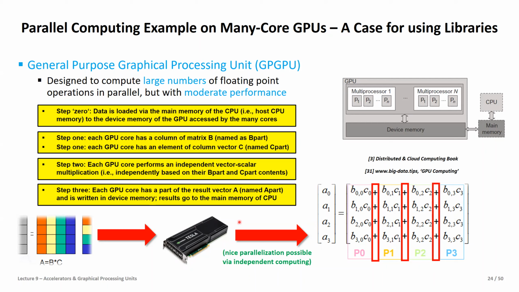When you put that onto a GPU, you see immediately that this nice parallelization is possible. All the elements of this first string can be computed completely in parallel, independently from what is happening in the other processor cores. All you need at the end is probably to sum up, but still you can compute this using this color encoding a little bit independently.